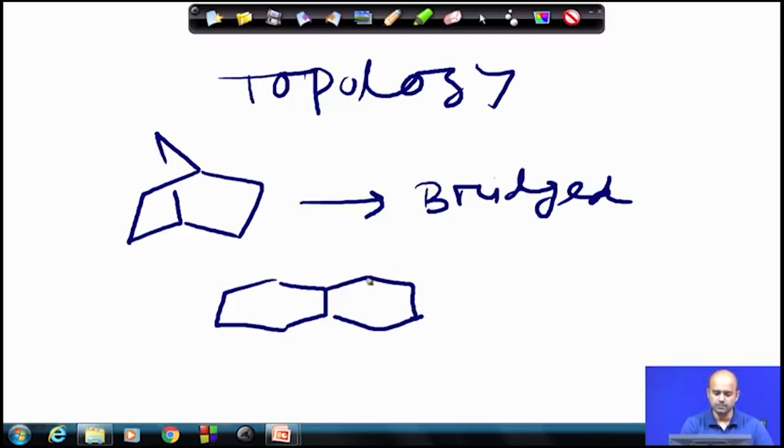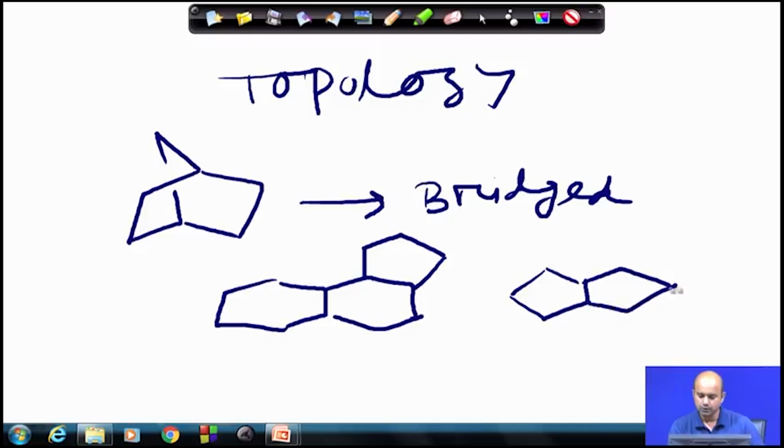You can have some extra topology, 2 cyclohexanes linearly fused with an angularly fused cyclopentane. There are topologies which are very useful, 2 cyclopentanes linearly fused, then you can have an angularly fused cyclopentane. These are called triquinanes, which are naturally occurring products.